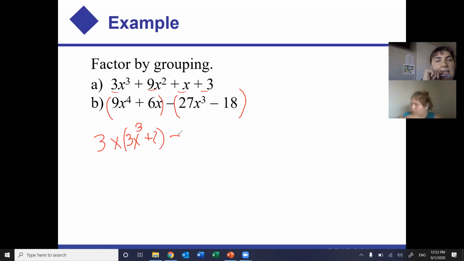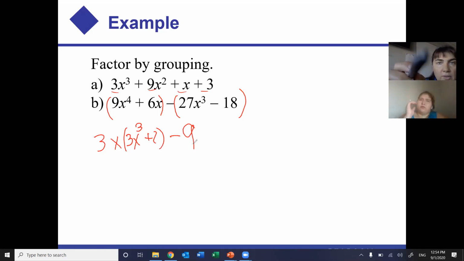What do you think? 27 and 18, what do they have in common? I mean, what is the greatest common factor? It is 9. Okay, 9, and how many x's? Good job. So I factored 9.